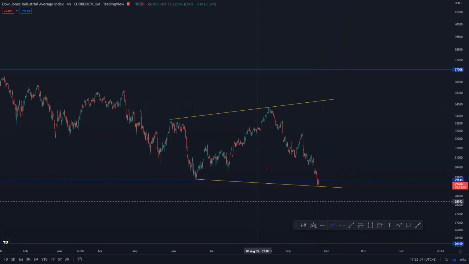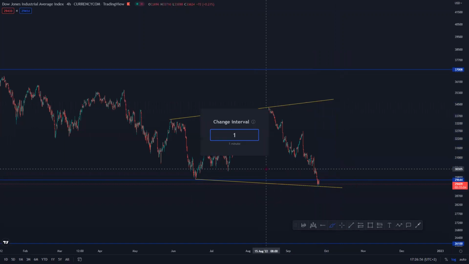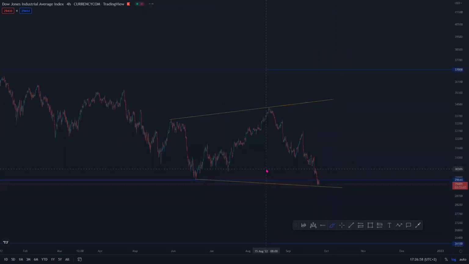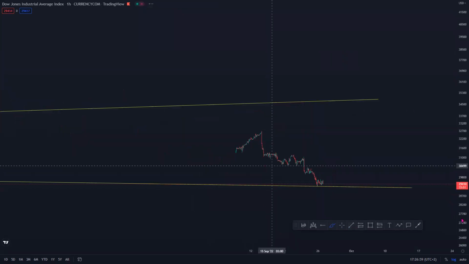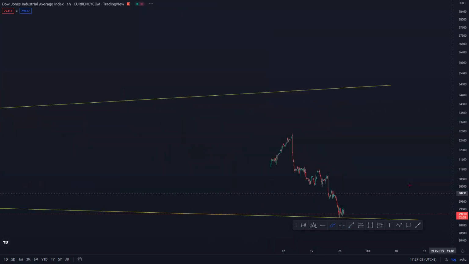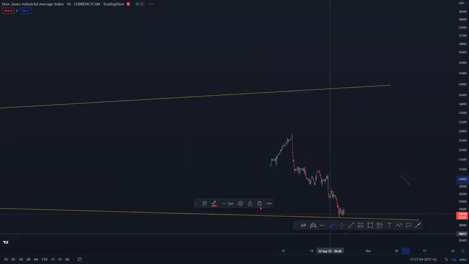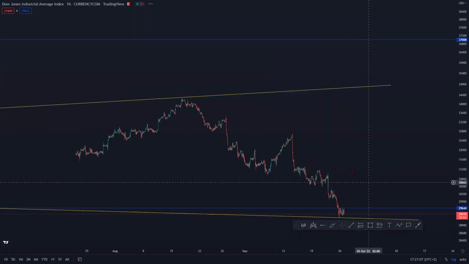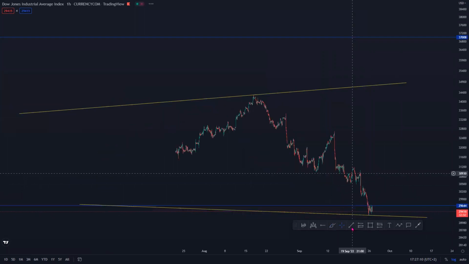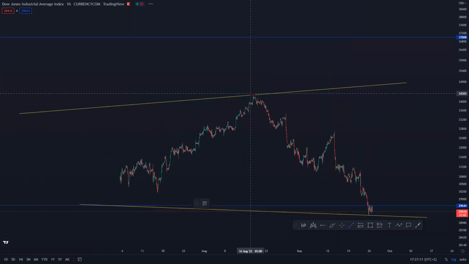So now let's go to 1 hour, because we know we might have this type of structure. Let's see what we find on 1 hour.